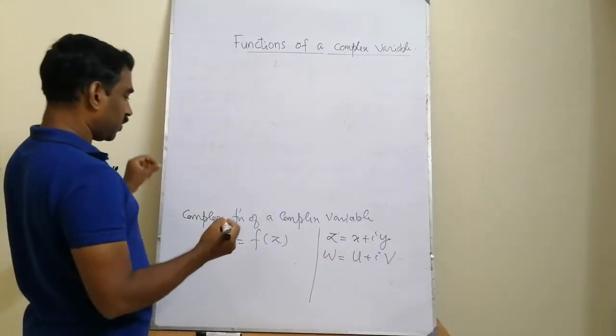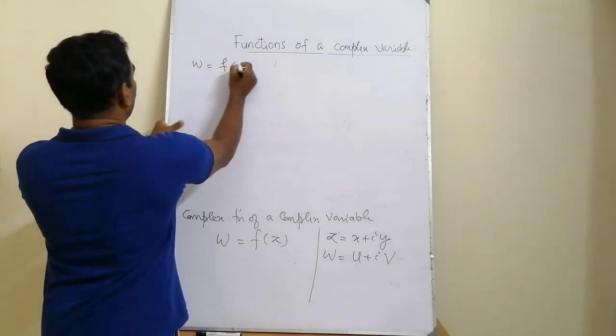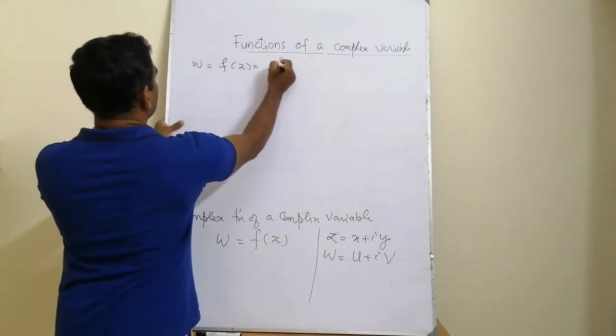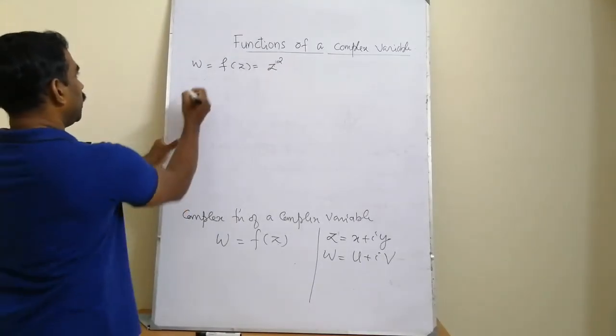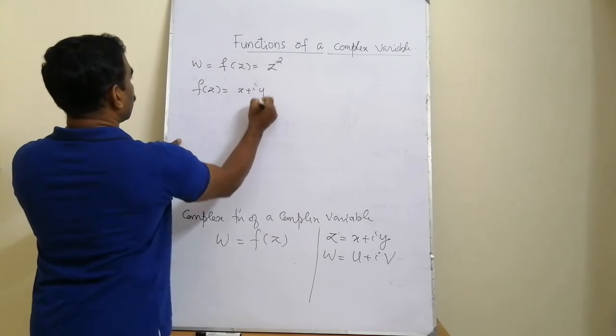Now as an example of a complex function of a complex variable, we can consider w is equal to f of z equal to z square. That is, f of z is equal to x plus iy the whole square.